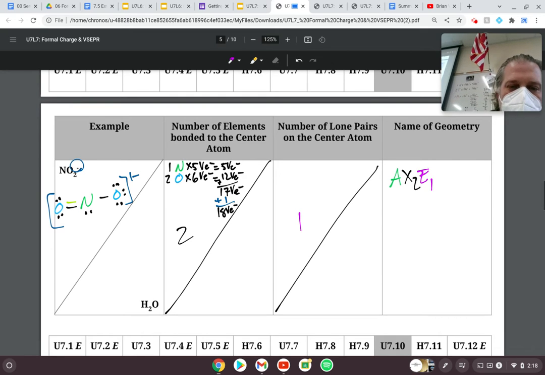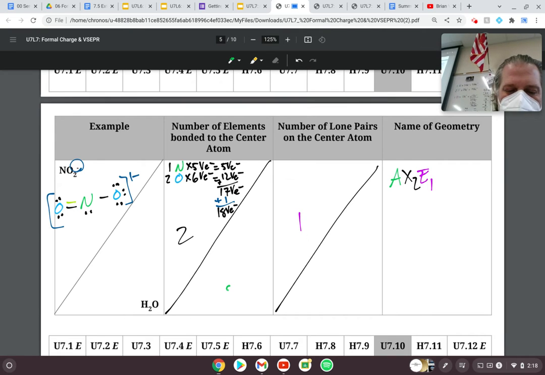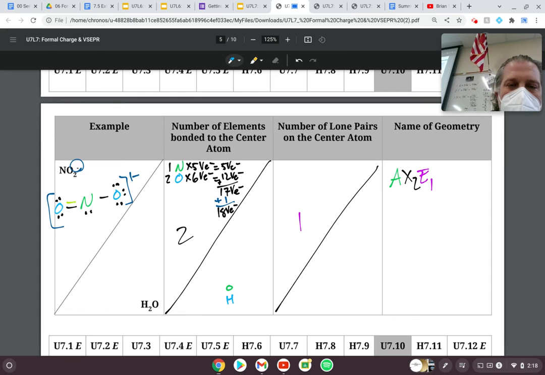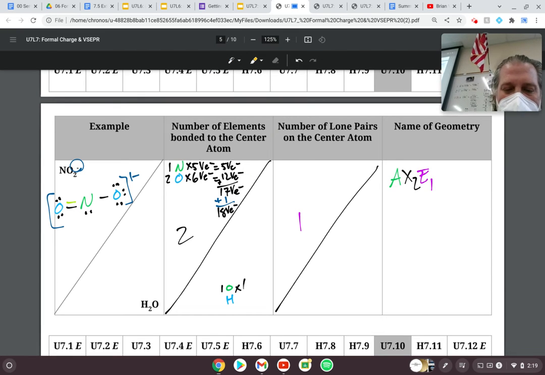So now we're going to do H2O. I know that the central atom is oxygen, and there are 2 hydrogens. I know that there is 1 oxygen times 6 valence electrons, so that's 6 valence electrons. And there are 2 hydrogens times 1 valence electron, so that's 2 valence electrons, for a grand total of 8 valence electrons.